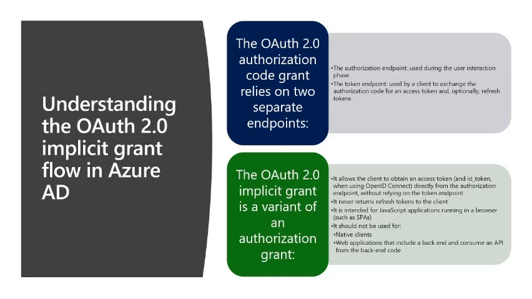HTML5 features like session or local storage grant full control over token caching and lifetime management, whereas cookie management is opaque to the app. Access tokens aren't susceptible to cross-site request forgery (CSRF) attacks. The implicit grant flow does not issue refresh tokens, mostly for security reasons.